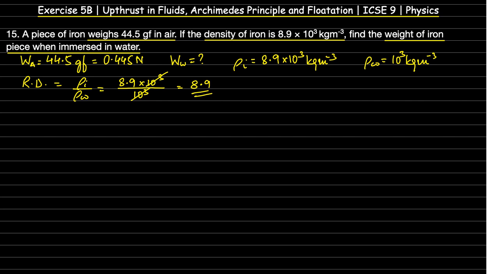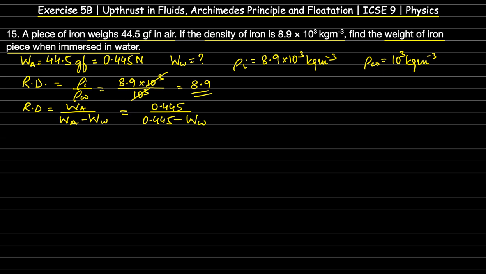Now that we have got the value of relative density, we will use another formula for relative density, which happens to be RD is equal to weight in air divided by weight in air minus weight in water. So weight in air, we know it as 0.445. So 0.445 divided by 0.445 minus weight in water, which we need to find.